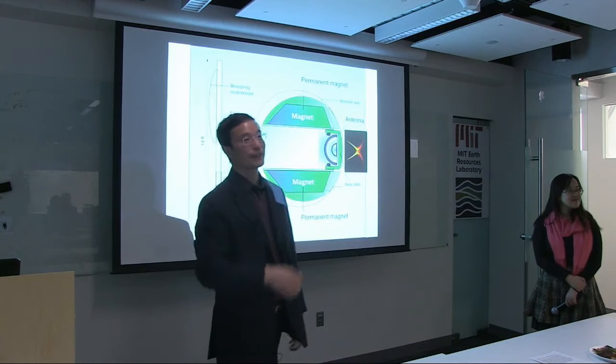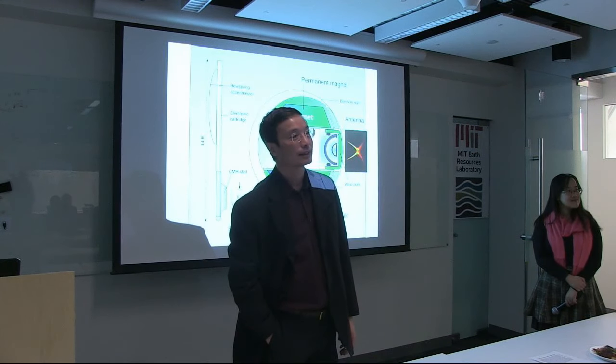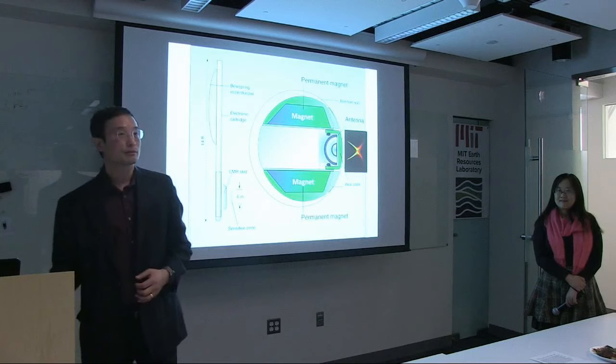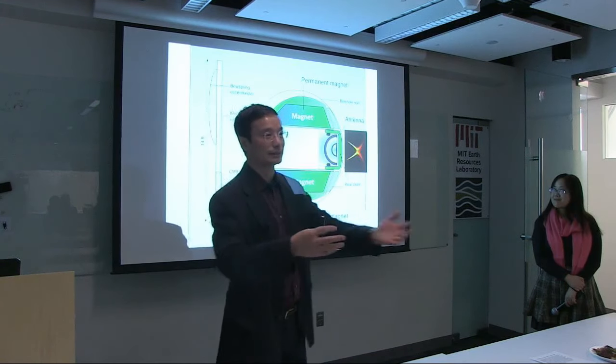Very quick question. Does the conductivity of the material make some difference? For instance, with a highly conducting formation, maybe you will have some trouble. Oh, good question, very true. This is EM, it's just EM.